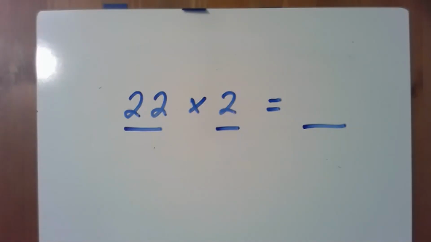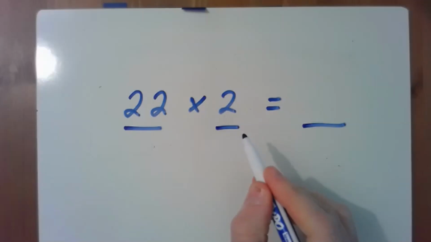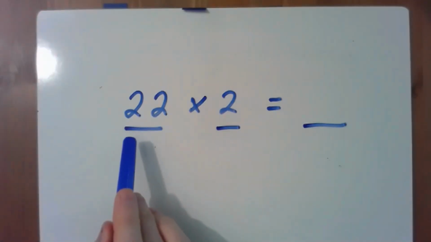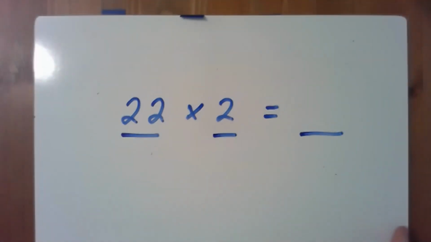Now, which number in the multiplicand is in the ones place? The 2, that's right, Gayatri. And is there any other number in this problem that's also in the ones place? The 2, that's right. The multiplier is also in the ones place. And there's also a 2 in our tens place. So we're going to set this up on the abacus.